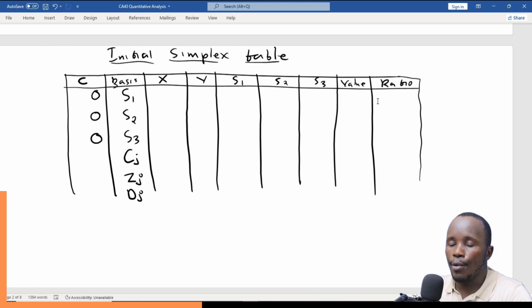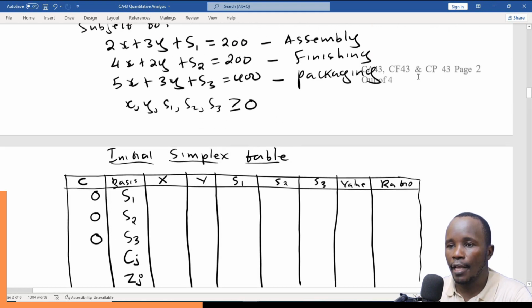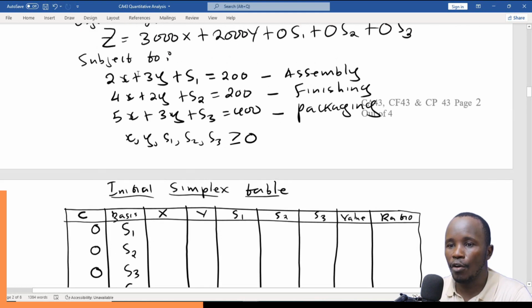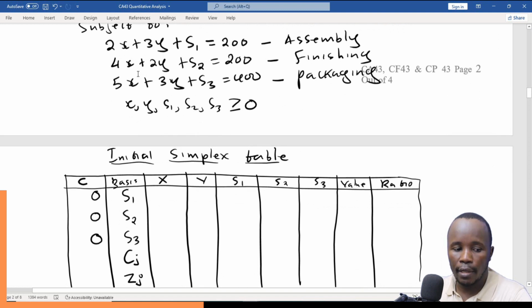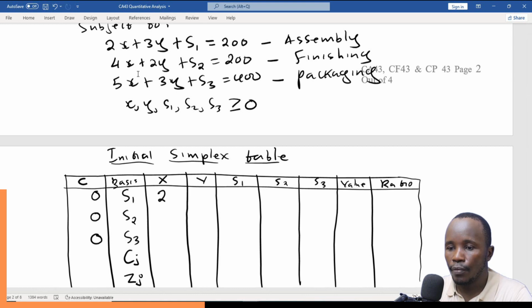Now, where we have S1 here, we look at the coefficient of X and Y. The coefficient of X here is 2. The coefficient of Y here is 3. Then S1 here is 1. And we don't have S2. We don't have S3. And the value given here is 300.